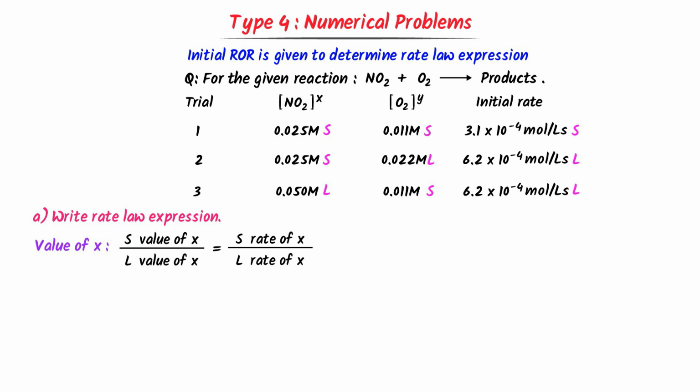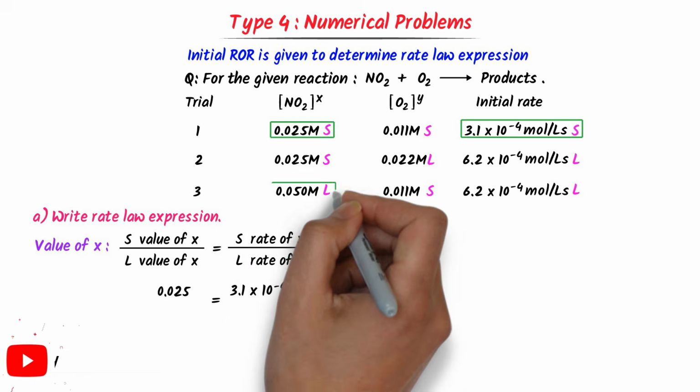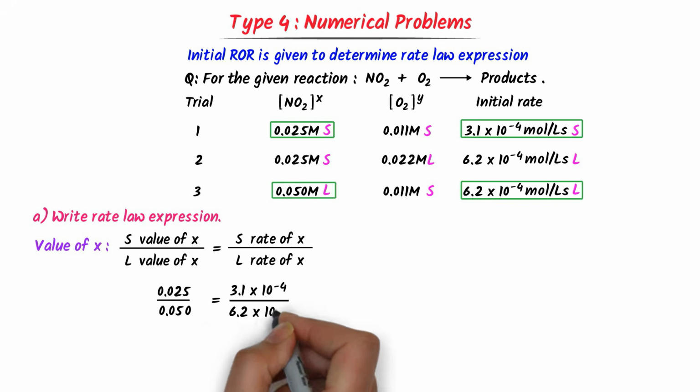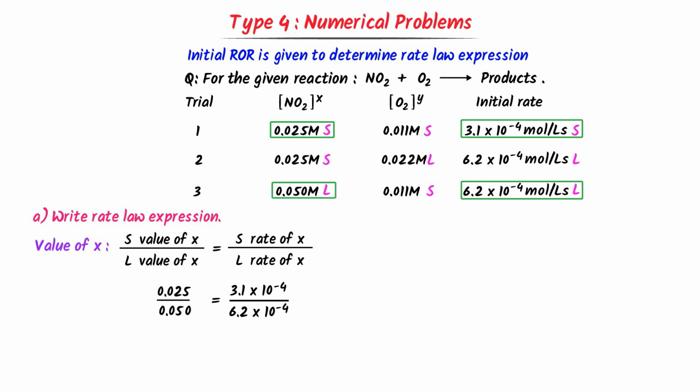For example, the smaller value of x is 0.025 and its respective smaller rate is 3.1 into 10 raised to the power minus 4. Secondly, the larger value of x is 0.05 and its respective larger rate is 6.2 into 10 raised to the power minus 4.